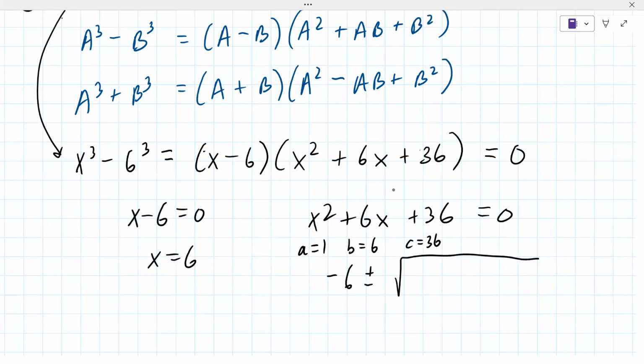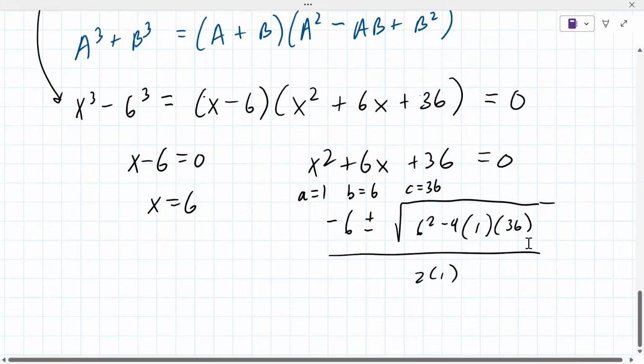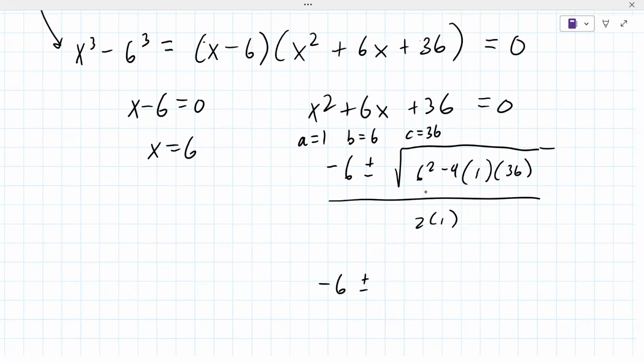So it ends up being 6 squared minus 4 times 1 times 36 all over 2 times 1. It's not great. You get 6 plus or minus the square root of -108 over 2.